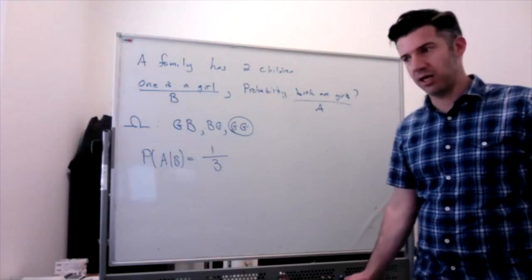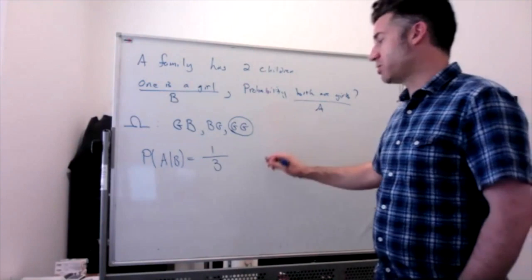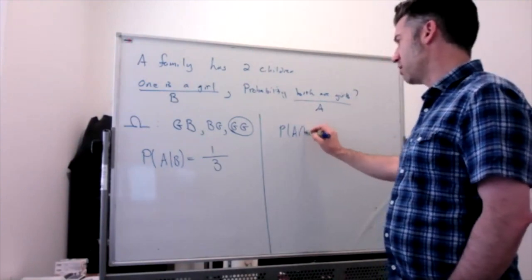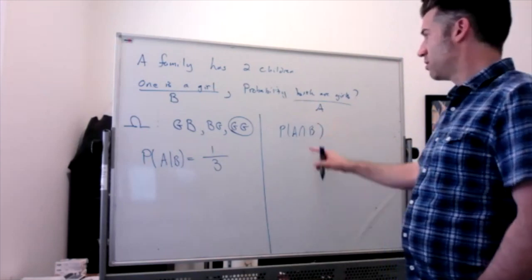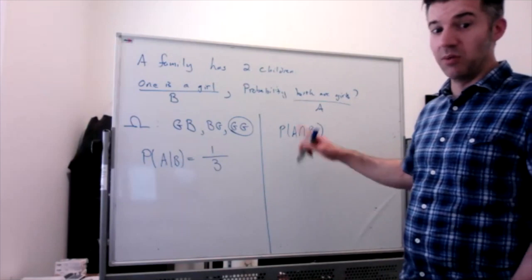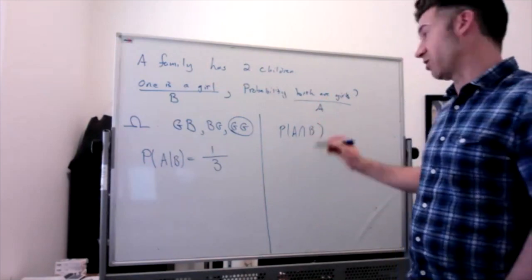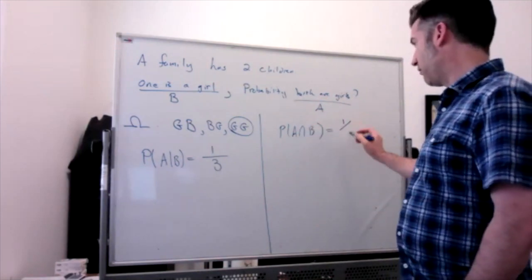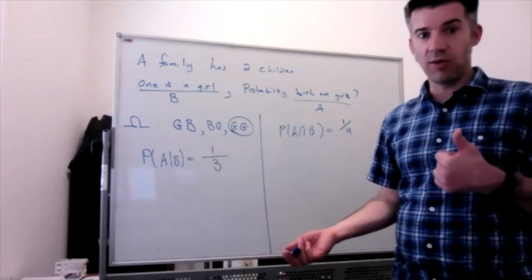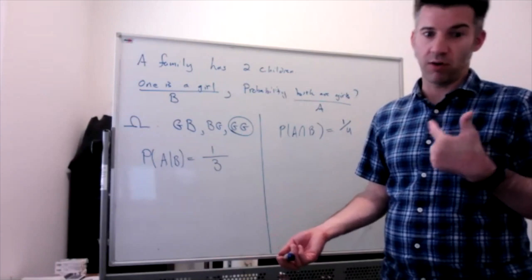Probability strikes again. We could also have done this the other way, right? We could have said it's the probability of having 2 girls and one is a girl. Well, there's only one way to have 2 girls, out of 4 possibilities, because there are 4 ways you can have 2 kids: girl-girl, boy-boy, girl-boy, boy-girl.